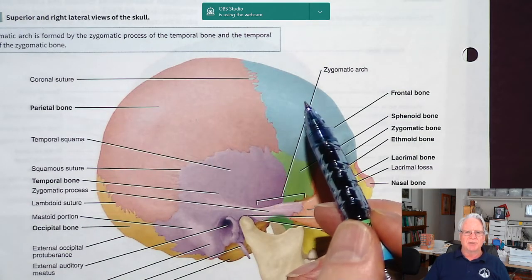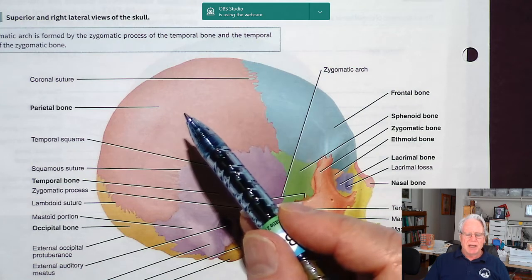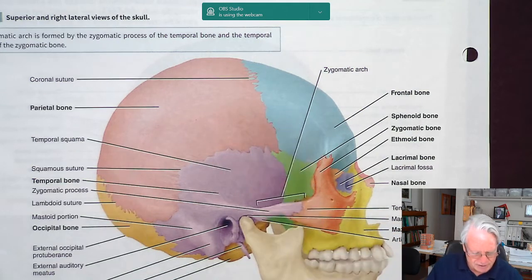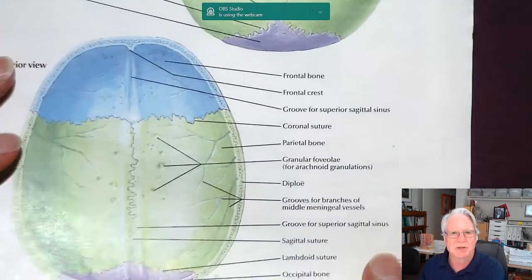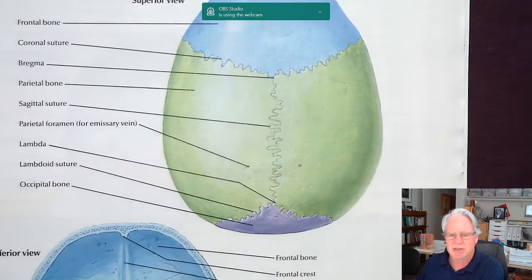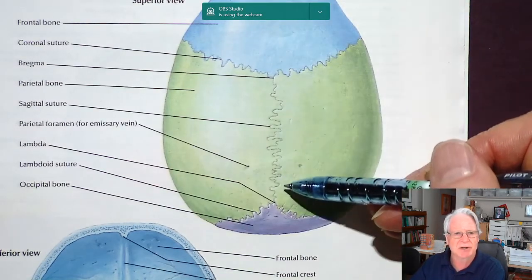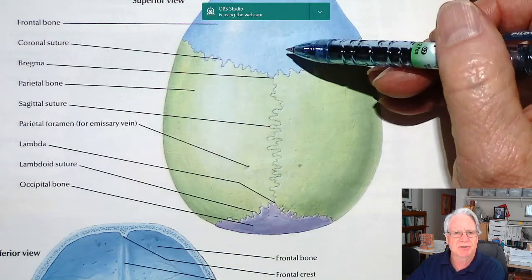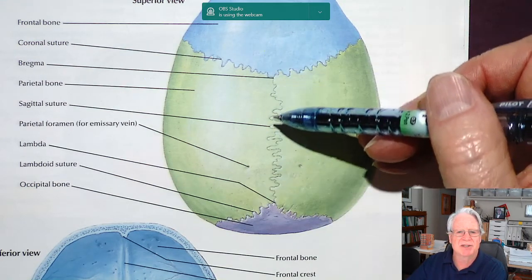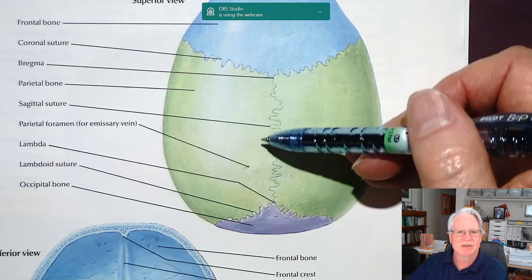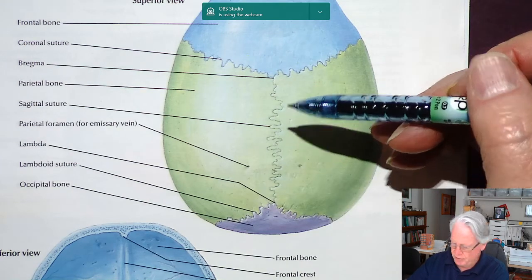So I've got the frontal bone, the parietal bone, and if I look carefully at the top, again, looking at the superior view, I have a suture right down the center, and that's my sagittal suture. We've heard that word sagittal before when we talked about mid-sagittal and parasagittal. So there it is. That's the sagittal suture.